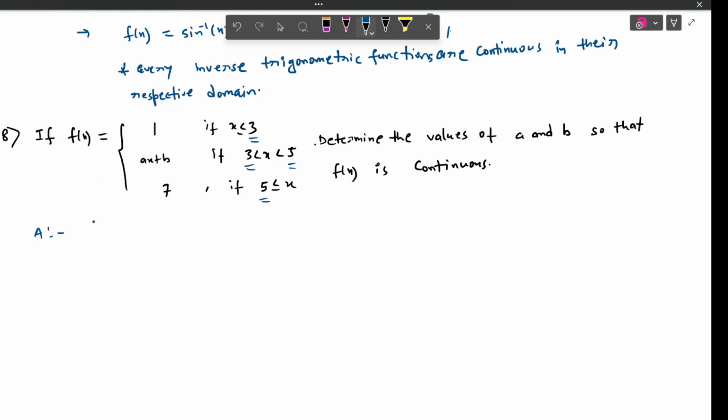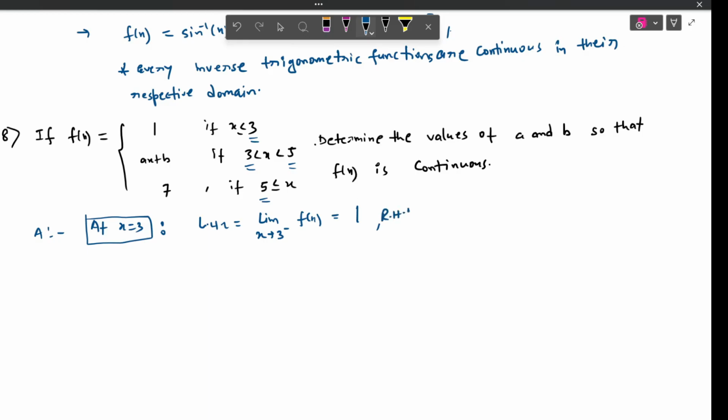Let's check at x equals 3. What would be the left hand limit? It would be limit x tends to 3 minus f of x. It is given that it is 1, so it will be 1.